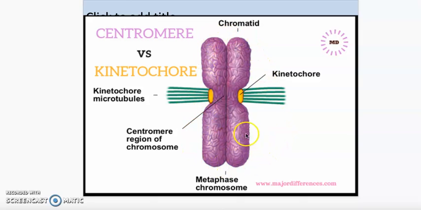They're exact copies of each other. This is considered one chromosome. If you were to separate those two chromatids, as does happen in mitosis and meiosis, they become two chromosomes. This is a very important concept to remember, that it can be very confusing for students.